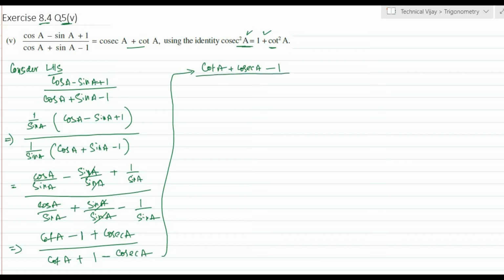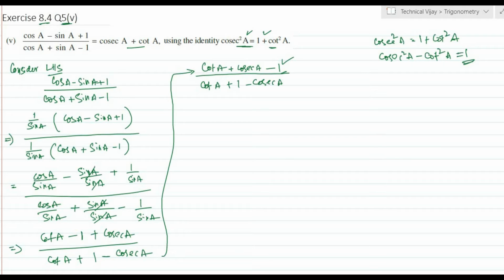I have written minus 1 last. In the denominator, cot A plus 1 minus cosecant A, I have written as it is. Now we will substitute the value 1, because cosecant square A is equal to 1 plus cot square A, so cosecant square A minus cot square A is equal to 1.